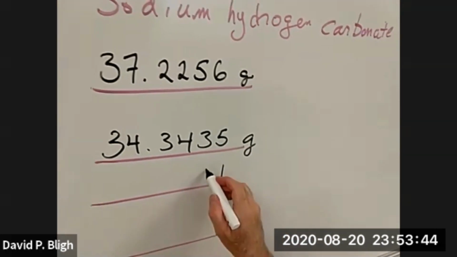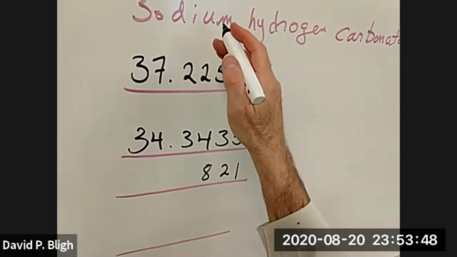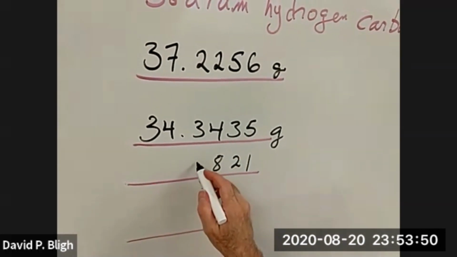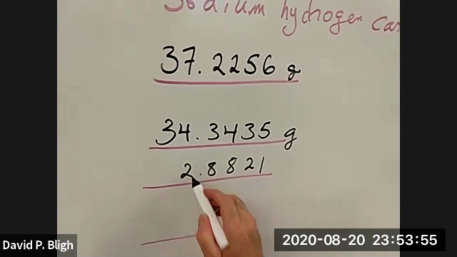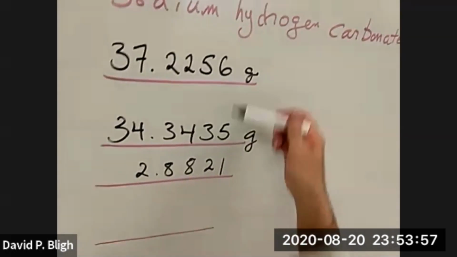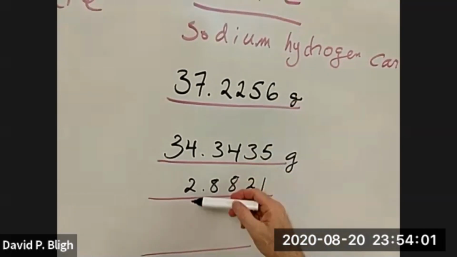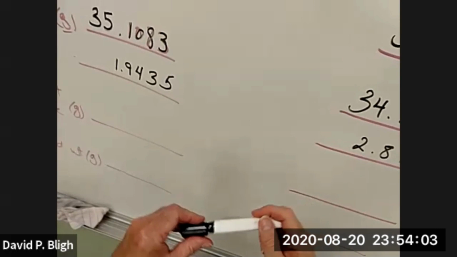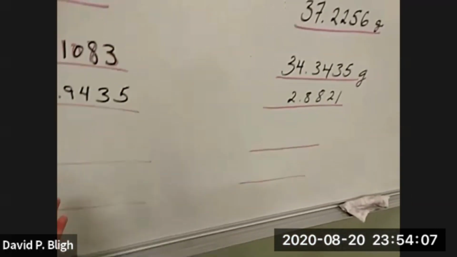It's 1, 2, 8, 8, and 2. So let's see if that's right. 6, 5, 12, 11, and 1 is 12. 1 and 6 is 7. Okay. So now all we have to do is heat them both up.